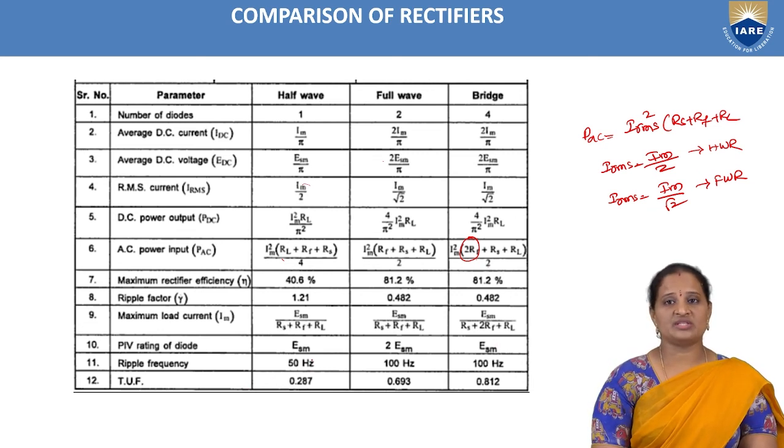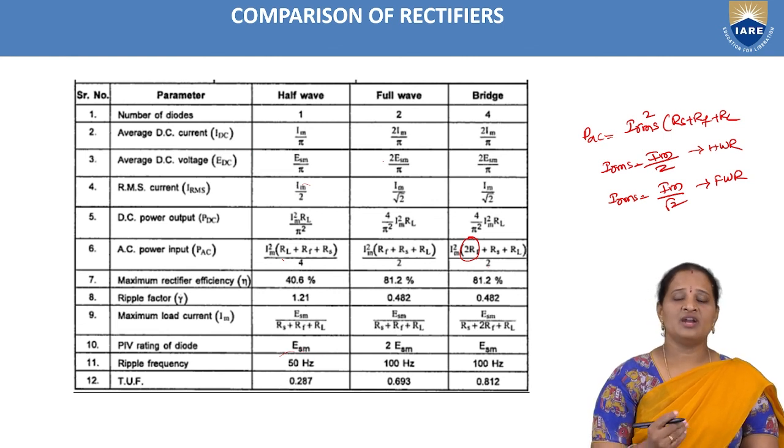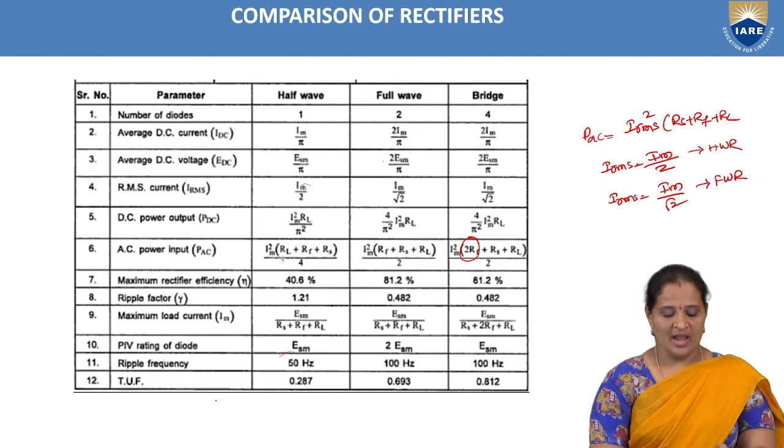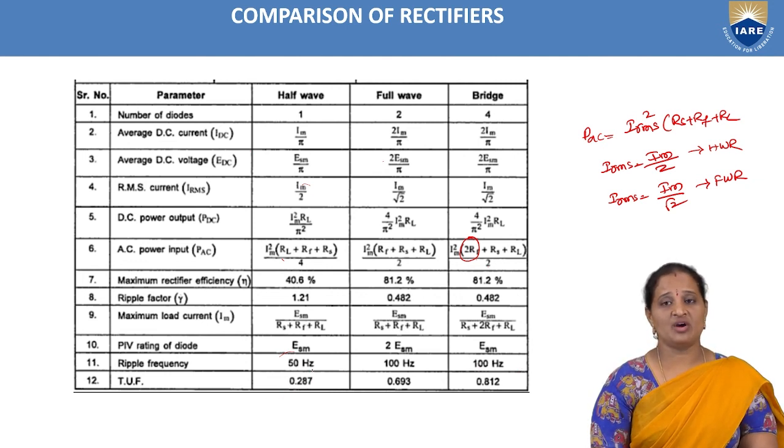And the ripple frequency is 50 Hz in half wave rectifier, because the negative half cycle gets removed. So that is why it is the same as the input frequency, that is 50 Hz, whereas in the full wave rectifiers it is double the input frequency, that is 2 into 50, it is 100. And coming to the transformer utilization factor, which is very low, it is 0.287 in case of half wave rectifier.